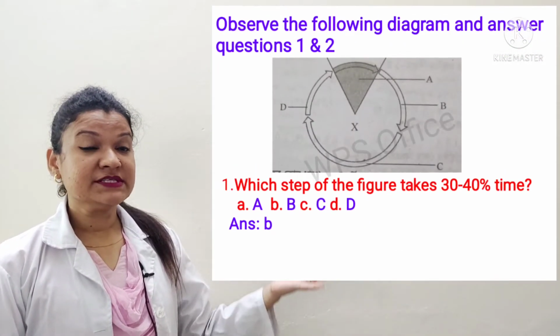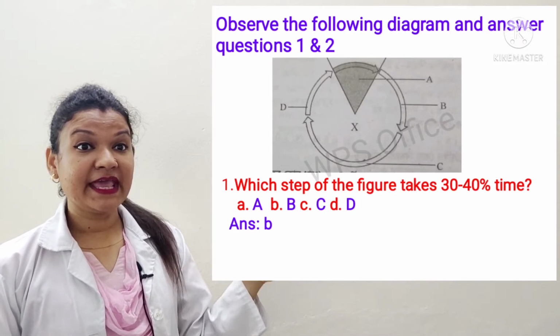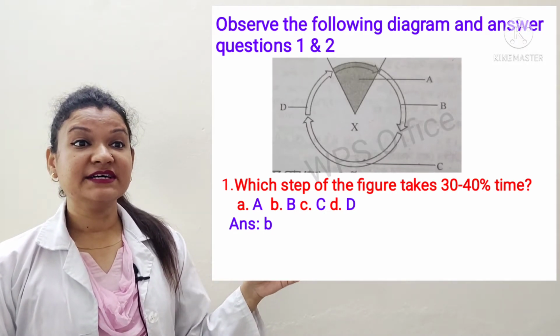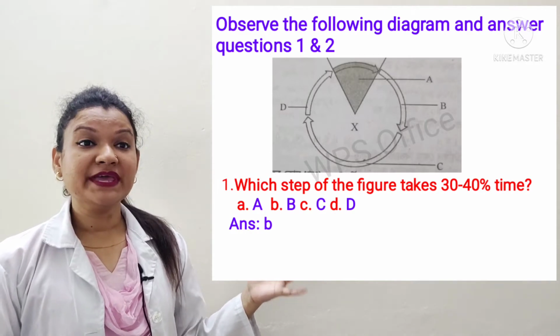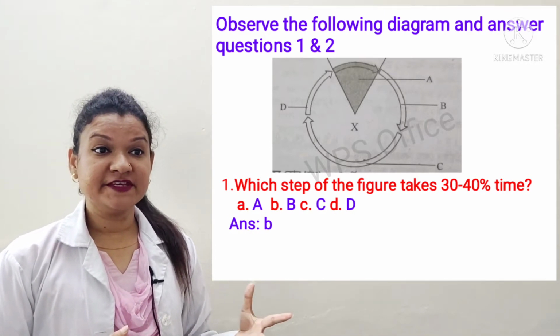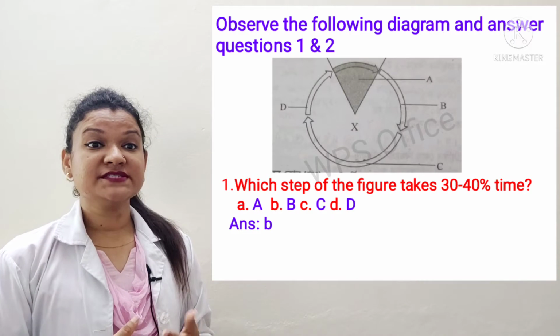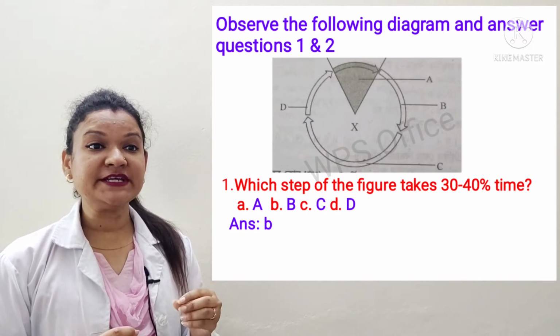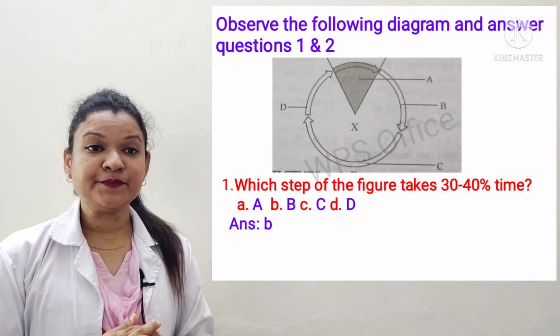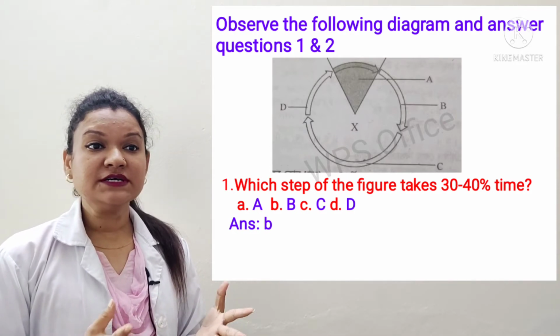M phase is the cell division phase, and in interphase we have 3 subphases, that is G1, S and G2. So in our stem you can see parts A, B, C and D. A will be the M phase. In the mitosis phase only 5 to 10% of the time is required for the cell division.